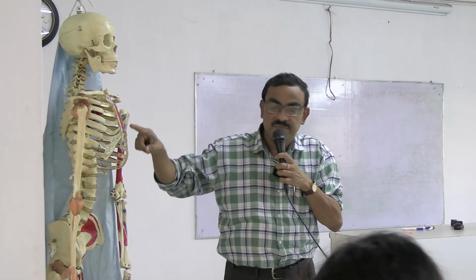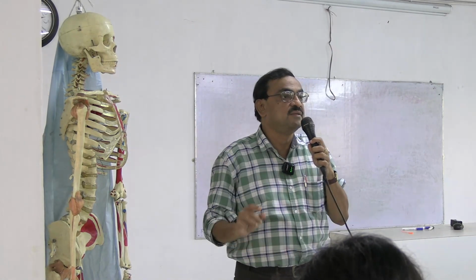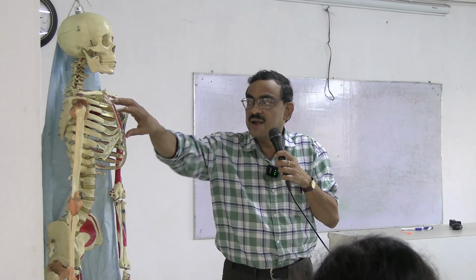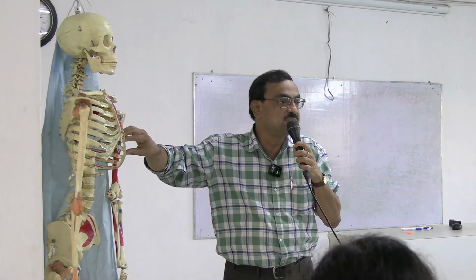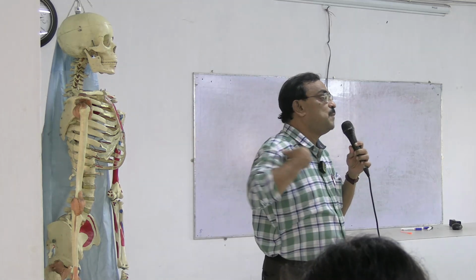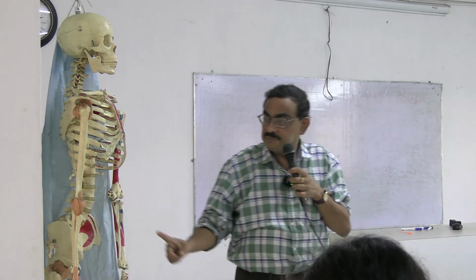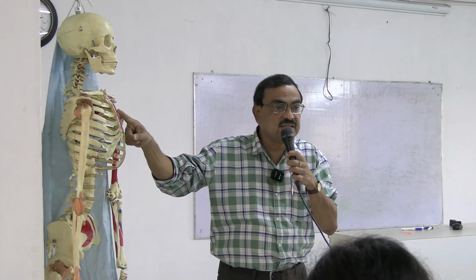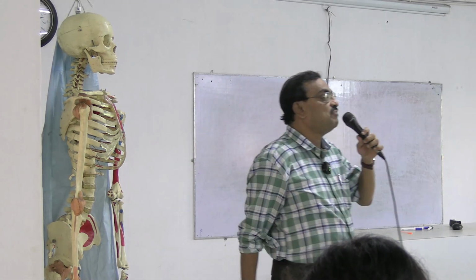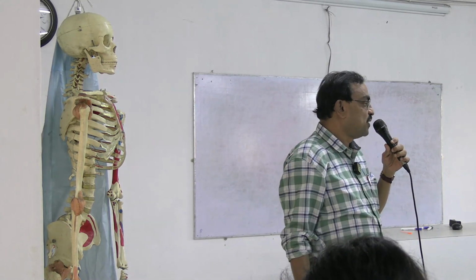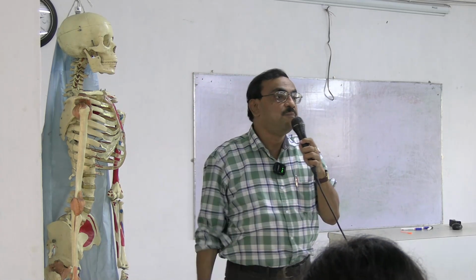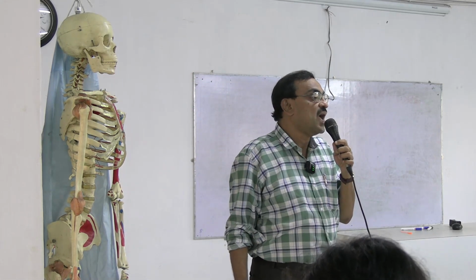Then it remains in between two muscles, the deltoid and the pectoralis major. That groove is called the deltopectoral groove. The vein resides in the deltopectoral groove, ultimately pierces the clavipectoral fascia, and drains into a big vein, the axillary vein.